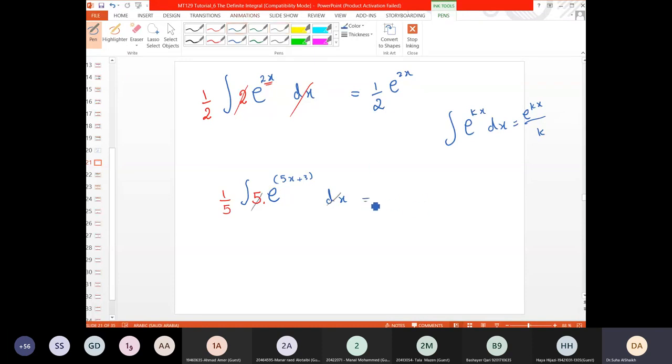And I will remain with 1/5, and the integral of the exponential is the exponential of 5x plus 3. Of course, keeping in mind that there is always a constant in the integration. If it is indefinite, with no limits and no numbers, it should come with the integration constant.